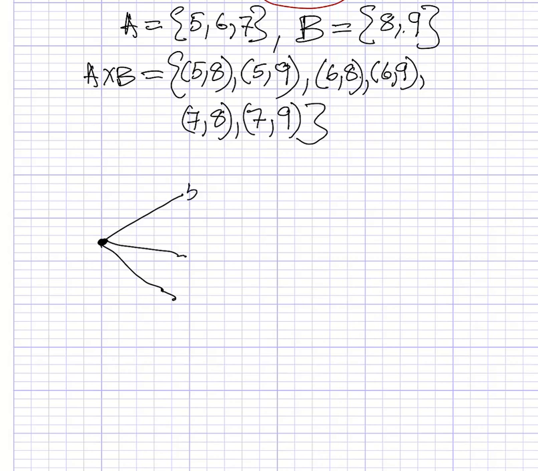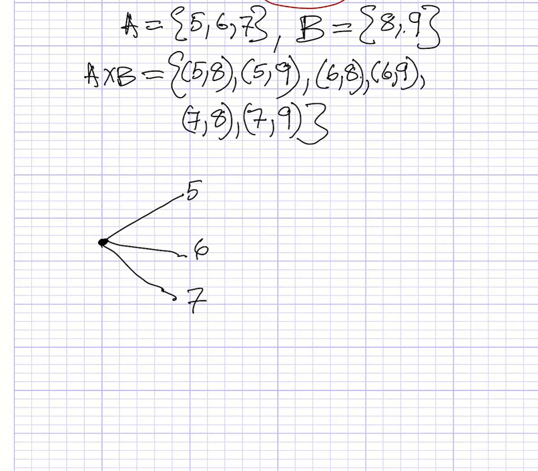So you put the elements like that, 5, 6, 7, right? And then notice that B has 2 elements. So you pair with each element of A like this. You draw another 2 branches because B has 2 elements. So you pair like that, right? And then you use 5 to pair with 8 and then pair with 9.